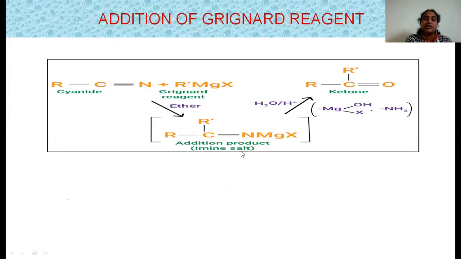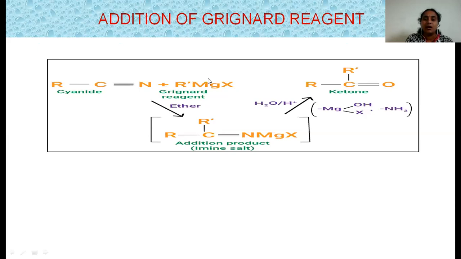Then another reaction is alkyl cyanide reacting with the Grignard reagent. Alkyl magnesium halide is called the Grignard reagent.